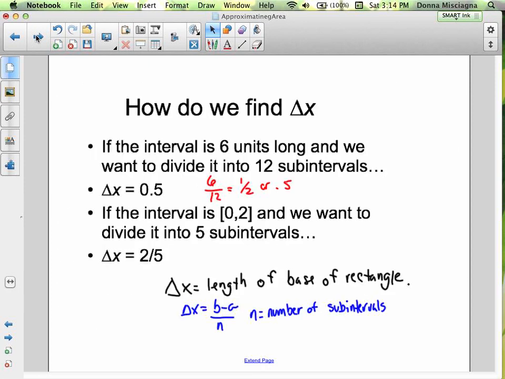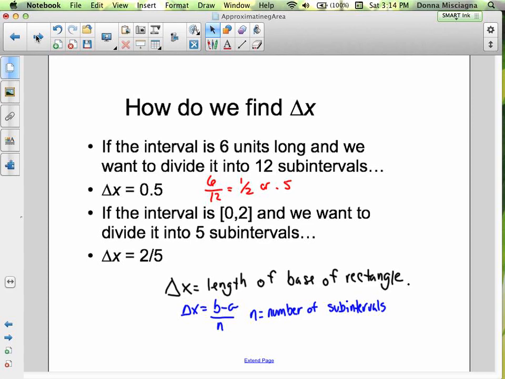And so you need to be given those things. To find the change in x is very, very simple. For instance, if our interval was 6 units long and we wanted to divide it into 12 subintervals, you take 6 and divide it by 12, which means each one is a half. So each change in x is just going to be 0.5, or 1/2.